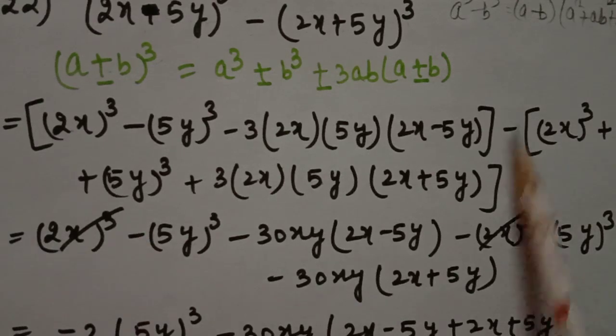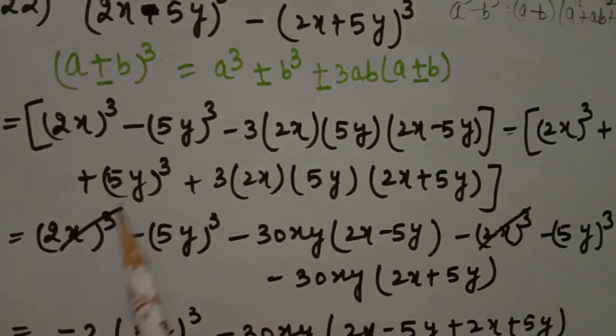Now we will open this bracket and change all the signs because a minus sign is present in front of this bracket. After changing the sign, this will cancel out because they both are common with different signs.